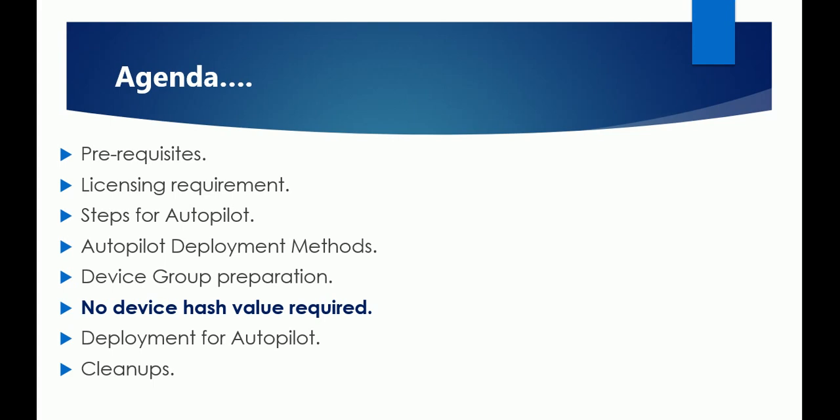In this new Autopilot process, you do not require to collect the hardware device ID, that will automatically be taken care of by Microsoft in the backend. For replacement of the hardware ID, you have to create a group in such a way that it will automatically find out the device ID and you can perform the Autopilot process. And then the deployment of the Autopilot profile to the test device.